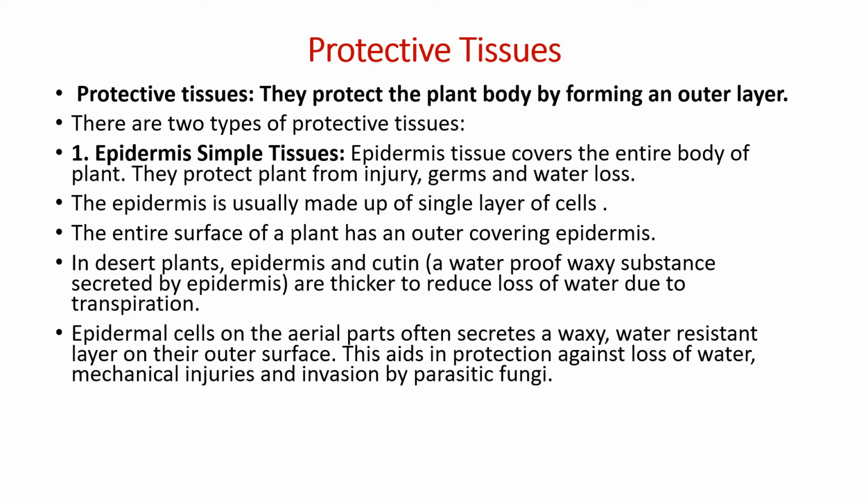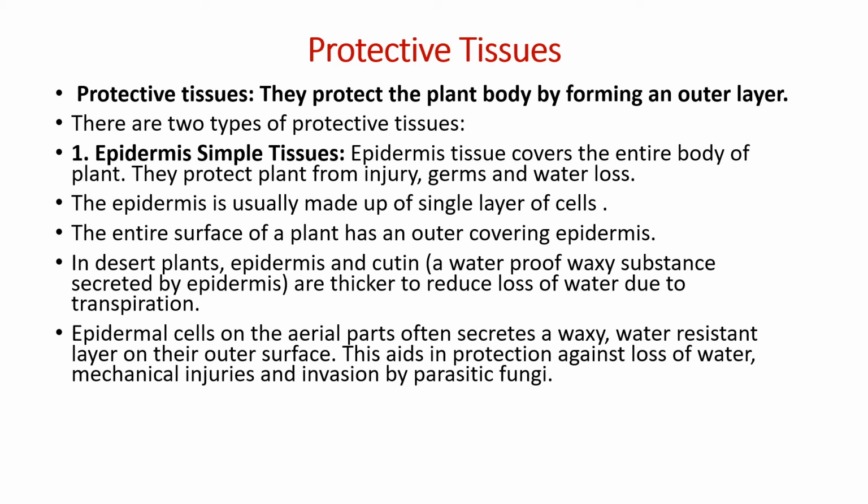And water loss. This is very important. So the same function is also performed in plants by epidermis tissues. So injury, germs and water loss. These are the main functions of epidermis tissue, right? Protect the plant from injury, from germs and from water loss.